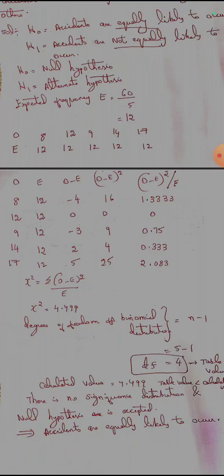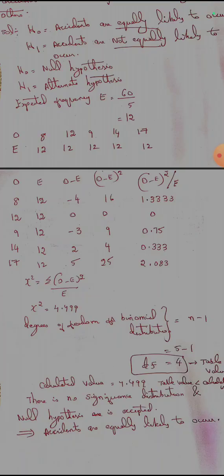So in this problem we will find that the table value will be greater than the calculated value. Table value means the value which we have referred from the table. That value will be higher than the calculated value 4.499.